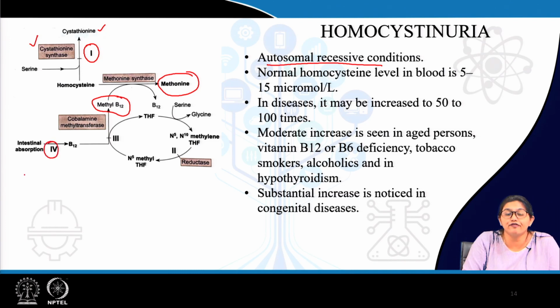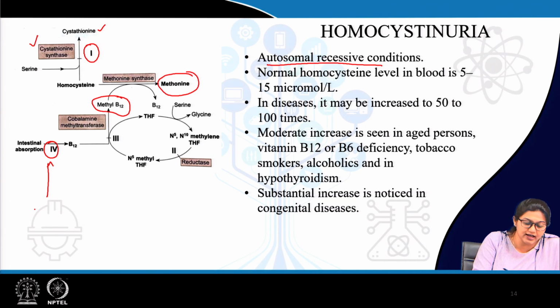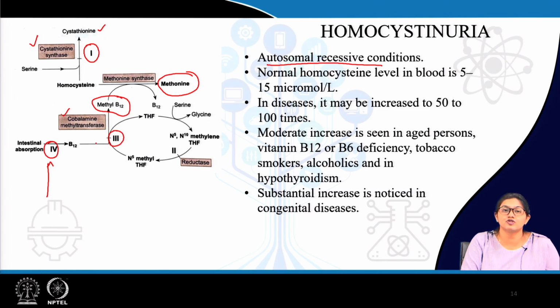Now, remember type 4 homocystinuria is not the genetic variant, rather the acquired pattern where vitamin B12 deficiency occurs from dietary deficiency. Now, this vitamin B12 forms methylcobalamin with the help of the enzyme cobalamin methyl transferase. When this enzyme is defective, it causes type 3 homocystinuria. And where lies type 2?